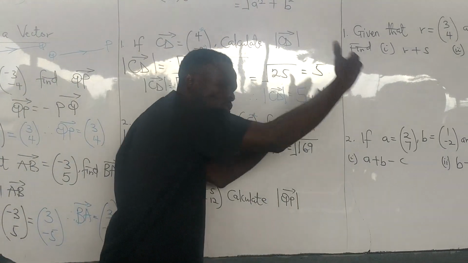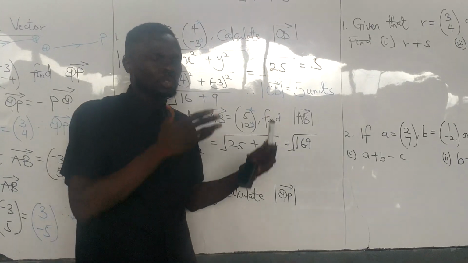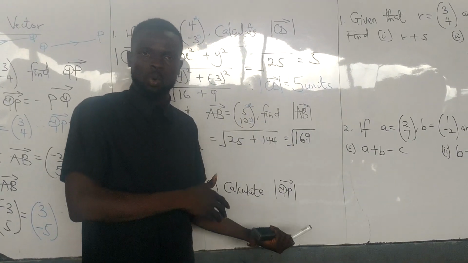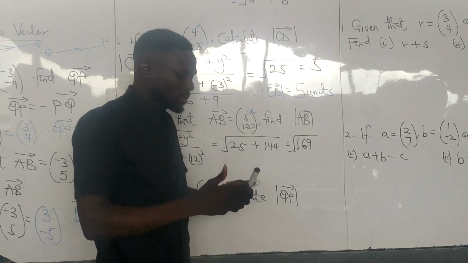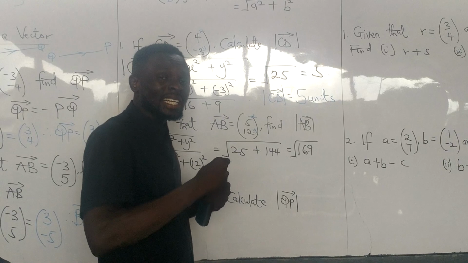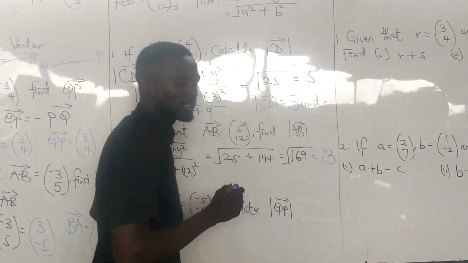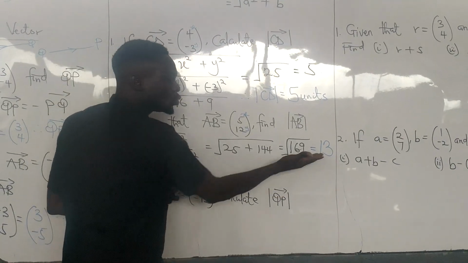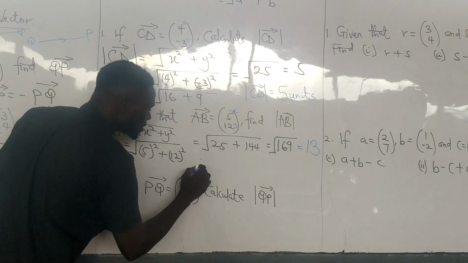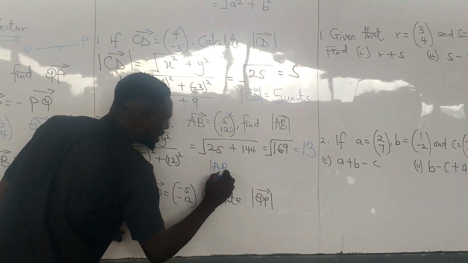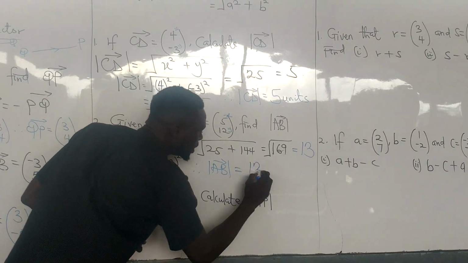Then what is the square root of 169? You notice that 12 times 12 is 144, then 13 times 13 is 169, which means the square root of 169 is equal to 13. So if we've been able to get 13 as our answer, then the magnitude, the length, or the modulus of vector AB is equal to 13.